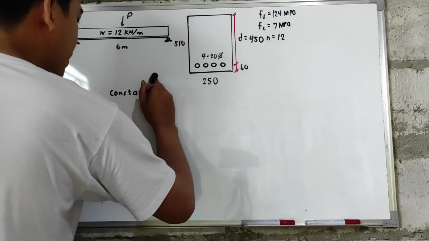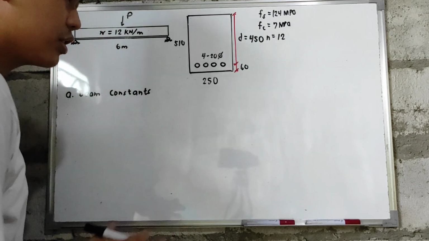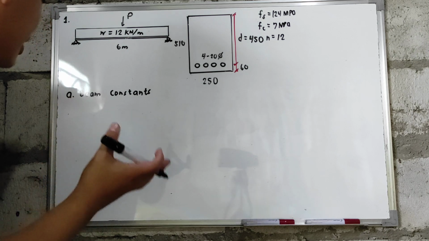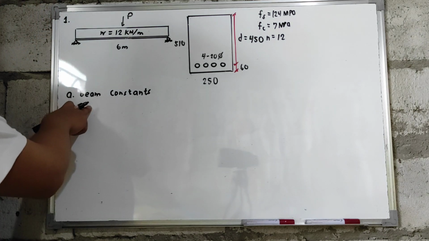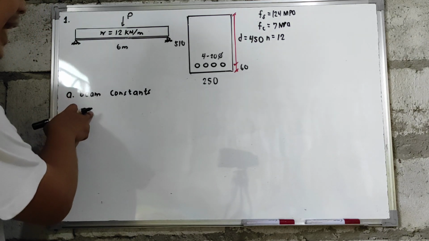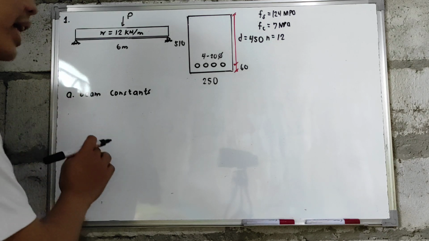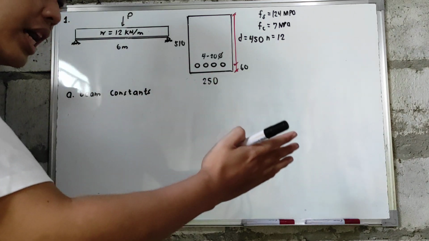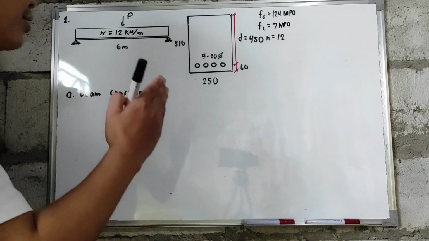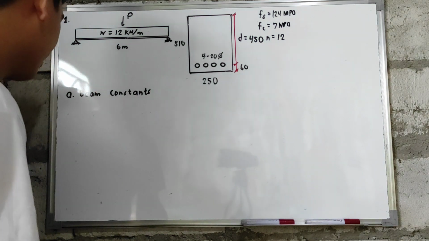So sir, ano po yung mga beam constants na to? So kung natatandaan ninyo, referring to beam constants, ito yung mga kinakailangan natin para malaman natin yung value ng resisting moment natin sa concrete at saka yung resisting moment natin sa steel.